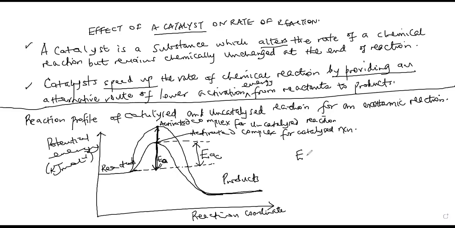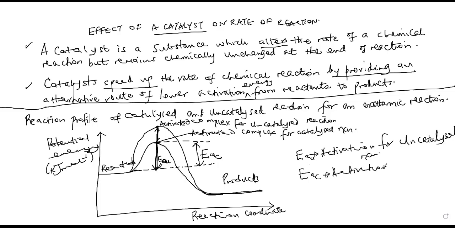So I can say EA represents the activation energy, let me say, for uncatalyzed. You can use different notation, but you can add on something, maybe EAU, the activation energy for uncatalyzed reaction, while EAC will represent the activation energy for catalyzed reaction.